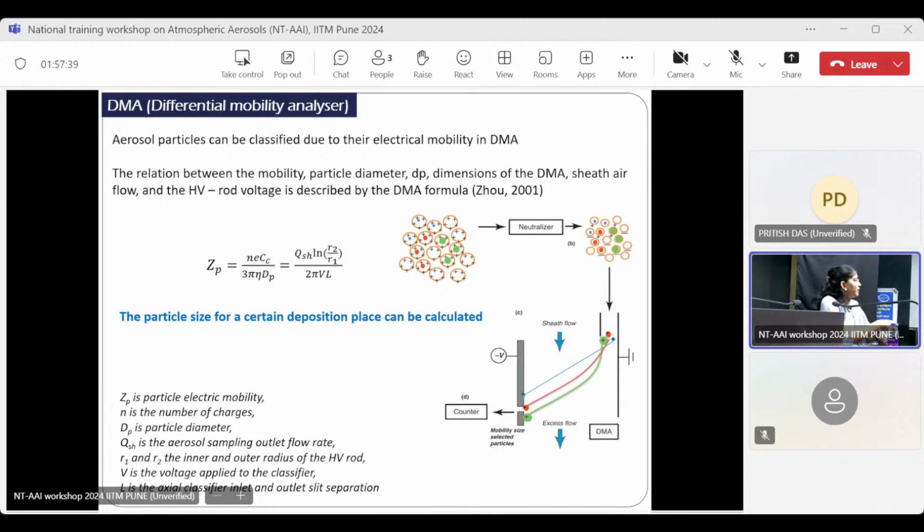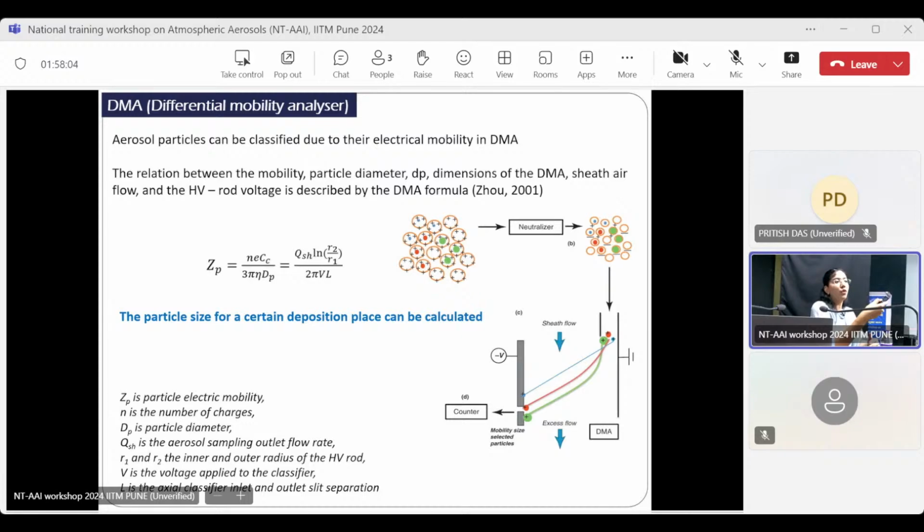This is your inlet and you have three mobilities, and you are applying the voltage. For example, at the X voltage, there will be only one mobility class which will travel this path. The others will terminate at the top, or they will go beyond. And then one by one, you will scan the voltage.